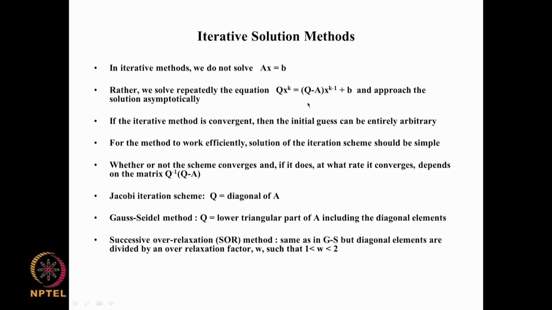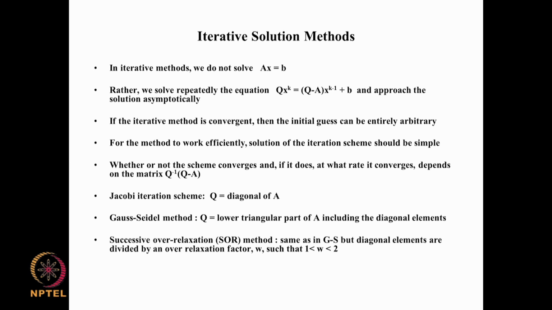Solving this n times should be easy, and solving the set of these n equations iteratively, the number of iteration steps should also be small, or the rate of convergence should be fast. If we have all these things, then we have an effective way of computing Ax equal to B. Even though it approaches the solution asymptotically, we still have an effective method.